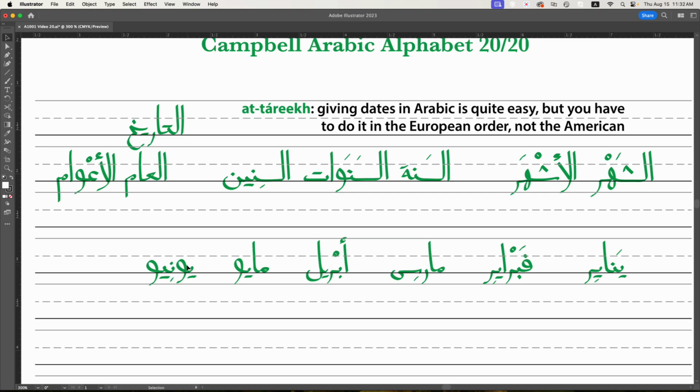There is a whole other set of months that exists in the Middle East proper, mostly in more rural areas or in more traditional parts of the culture. And those month names date all the way back long before Islam, long before Christianity, to almost prehistory, to Babylonian times. So you'll sometimes see those.